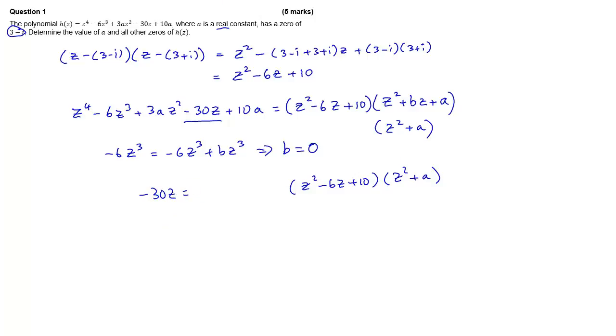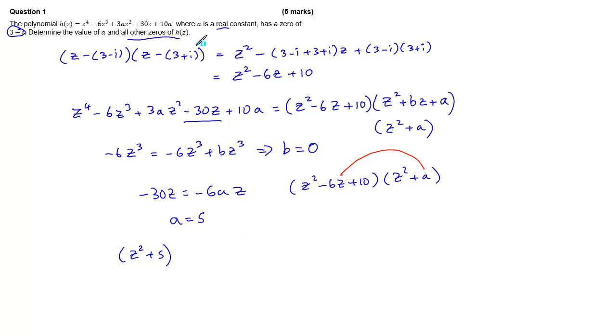What's that going to be equal to? So what will give us a z here? Well, the only one that can give us a z is this one. So that's going to be minus 6az. And that tells me straight away that a is equal to 5. So in other words, we have z squared plus 5.